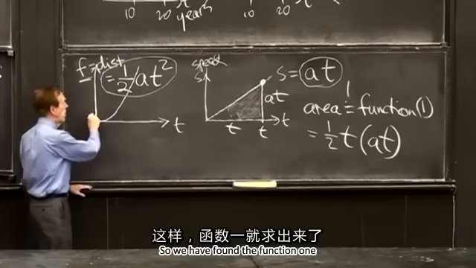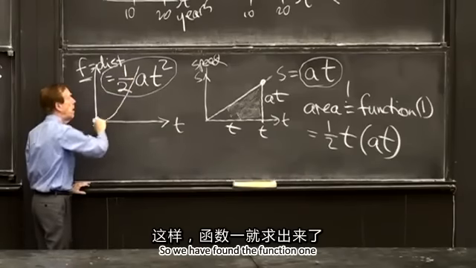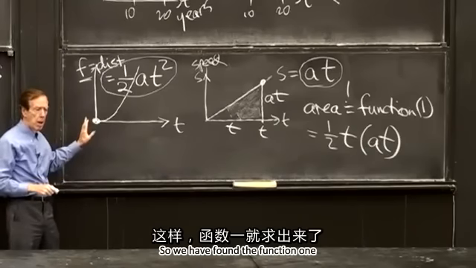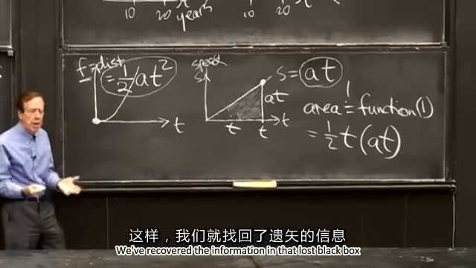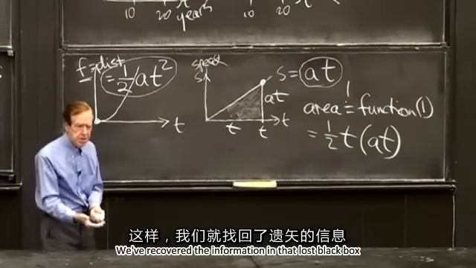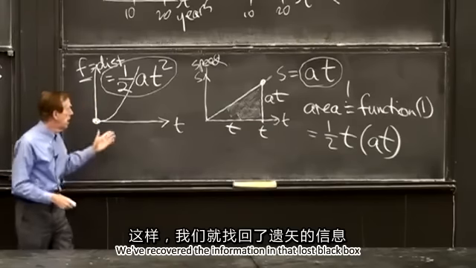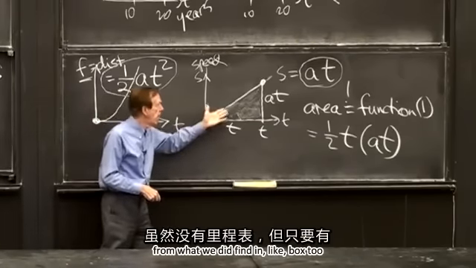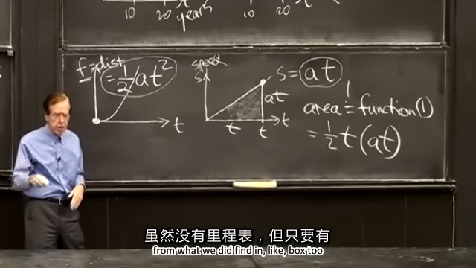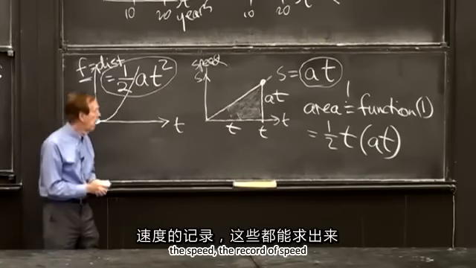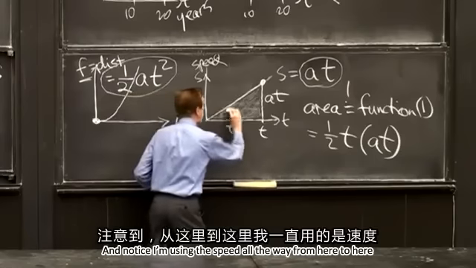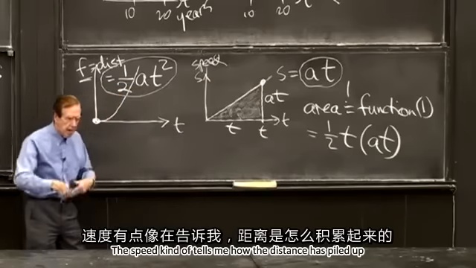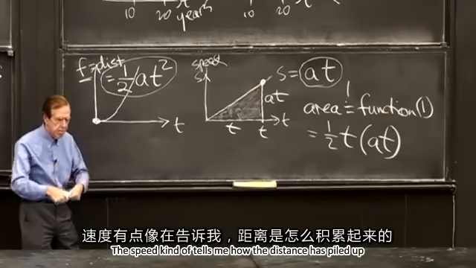Okay, so we have found function 1. We've recovered the information in that lost black box, the distance box, the trip meter, from what we did find in black box 2, the speed, the record of speed. And notice I'm using the speed all the way from here to here. The speed kind of tells me how the distance has piled up.